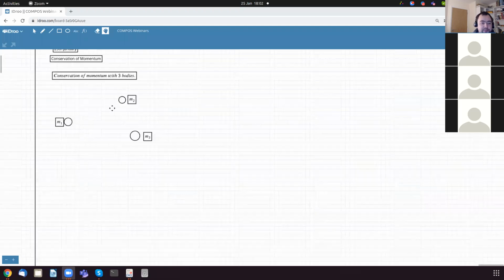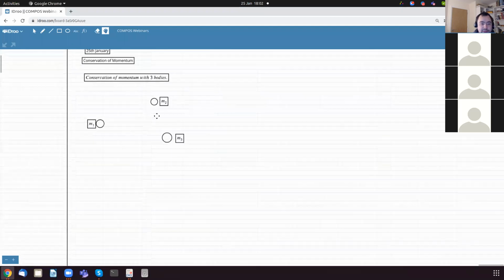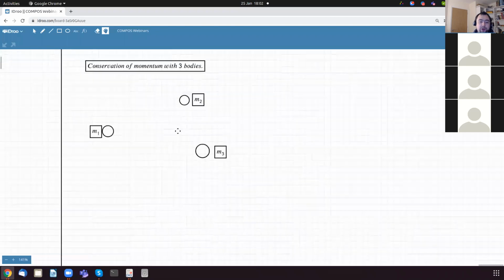Conservation of momentum. So we consider that we have three objects. This can be extrapolated to any number of objects, but we are looking at three. These three objects interact with each other, and they also have external forces acting on them.